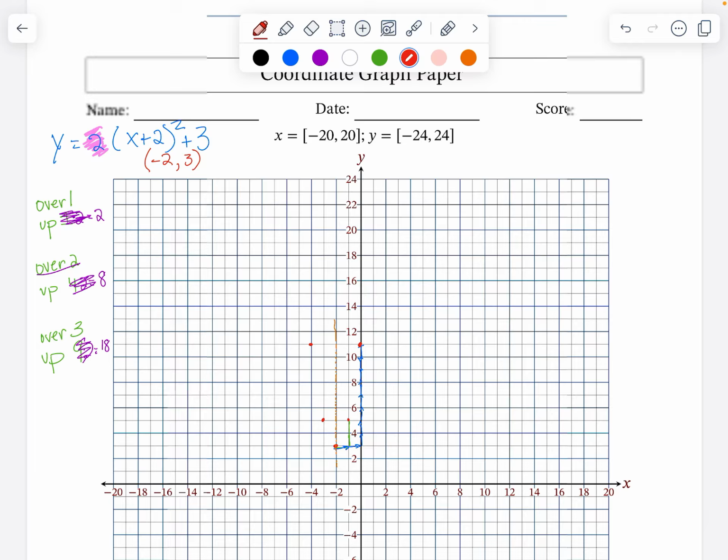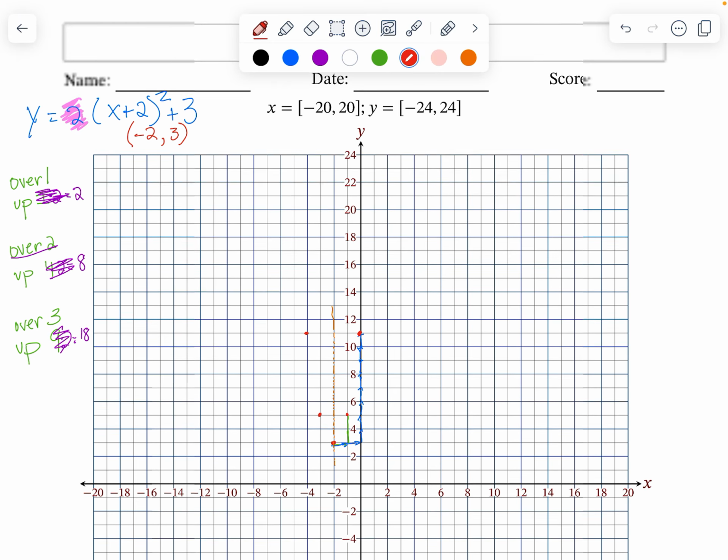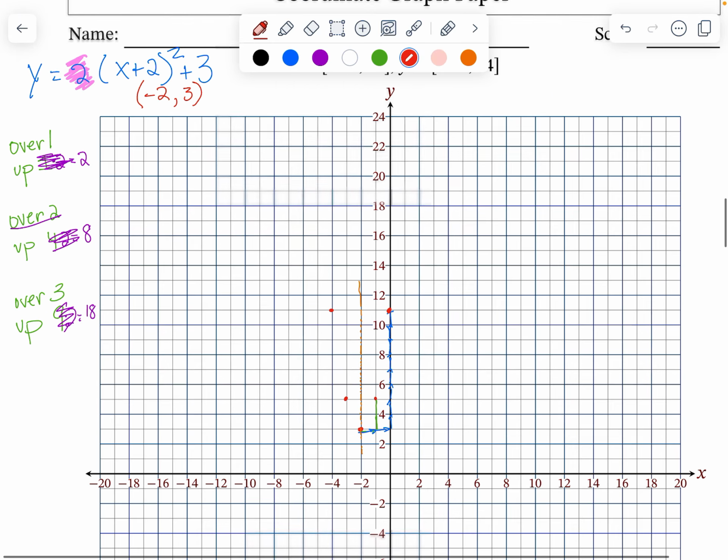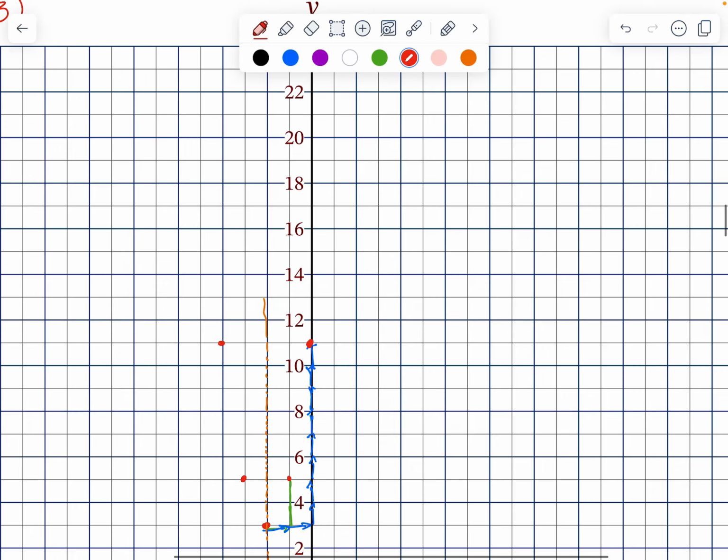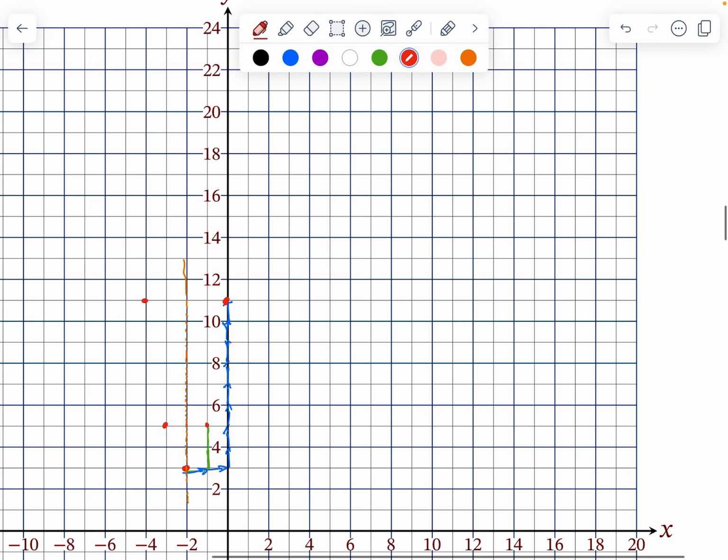What's the next one? Let's see. Over 3 up 18. Let's see if we have enough. We might. Over 3. Instead of 9, we do 18. 1, 2, 3, 4, 5, 6, 7, 8, 9.